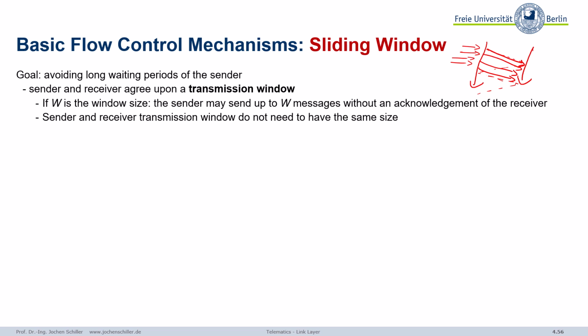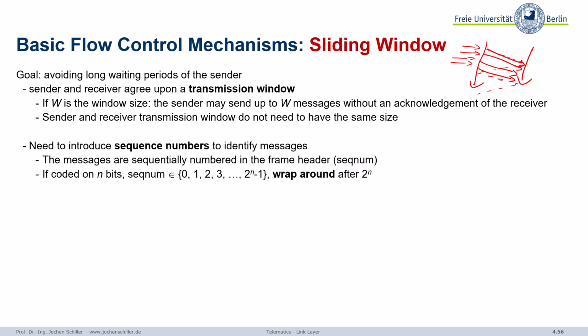If W is the window size, the sender may send up to W messages without any acknowledgements. That's the idea, to be a bit more efficient, and hopefully nothing happens. So the receiver tells the sender, okay, now I'm ready to receive a certain amount of frames. To be more efficient, as I said, we want to send several of these frames, not only a single one, like in the alternating bit protocol.